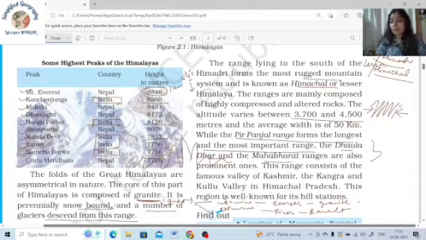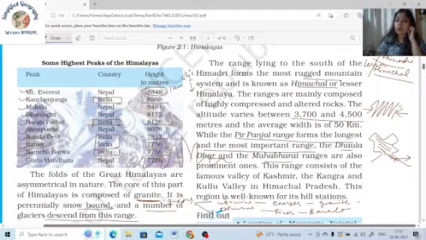Where Pir Panjal is located, let me draw for you. If you start from above, you will find Karakoram, Ladakh, Zanskar, and here Pir Panjal. Pir Panjal is part of the Lesser Himalaya or Himachal Himalaya, right? Other than this, Dhauladhar and Mahabharat ranges are also prominent ones.